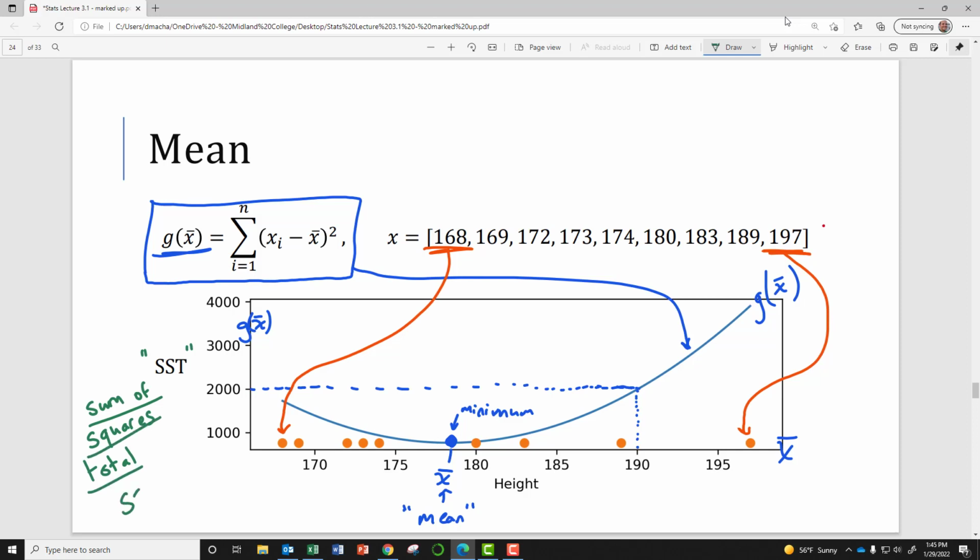And this is just another word for this function. It's a sum, obviously, because I've used the little summation, and squares just means the squared distances. And total means, well, it's kind of redundant. I can't think of any other word to describe it.